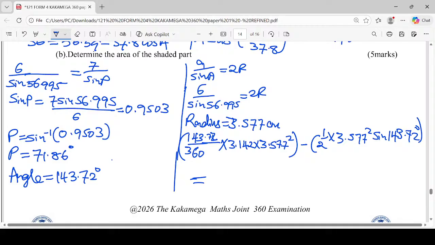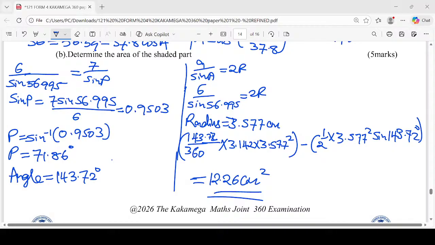That is 12.26. 12.26 square centimeters as your answer for that question. A very, very interesting question.